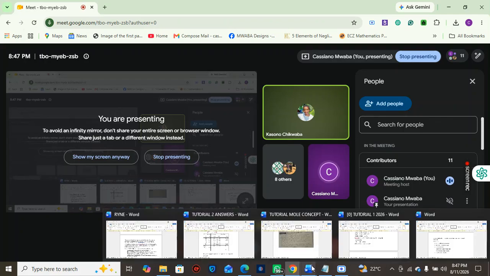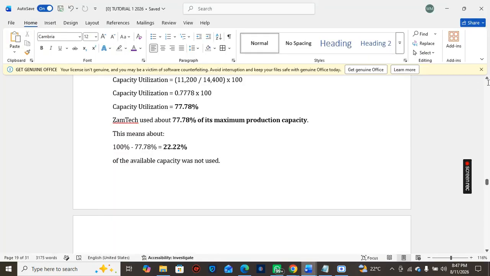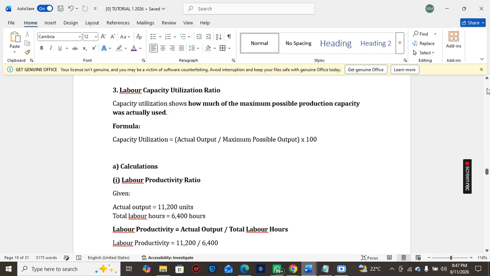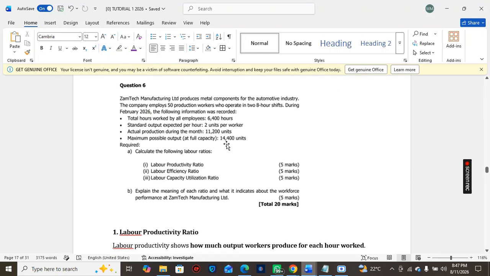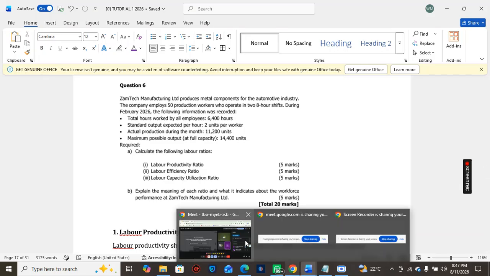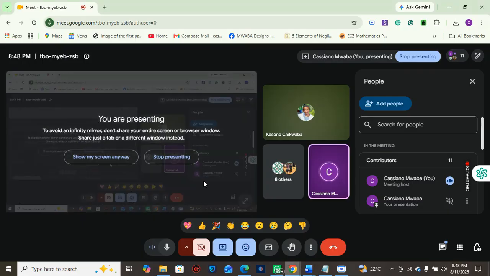Yes, to add more context, at full capacity, we're supposed to produce 14,400 units. But we only produced 11,200, which means we only use 78%. So that 22% is units wasted, colleagues. Those units would have been produced.